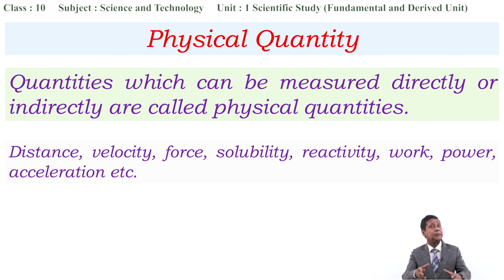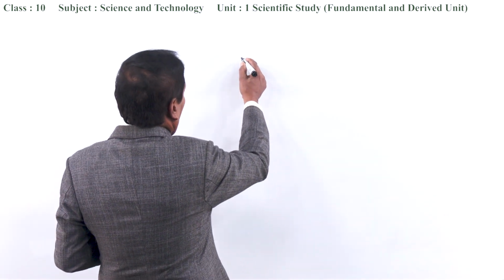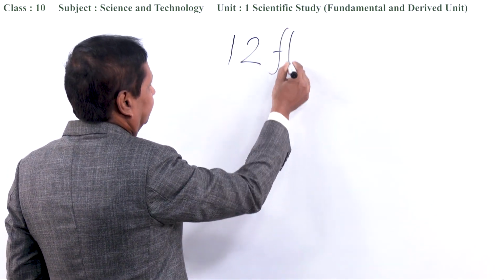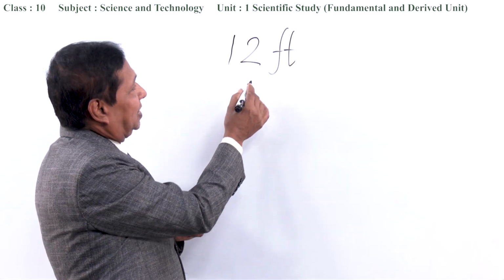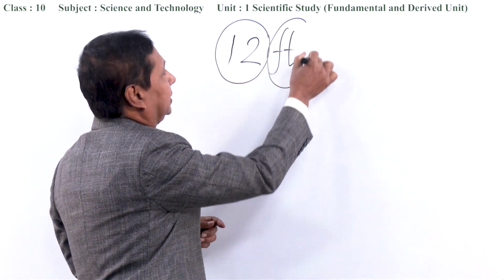But after the measurement of physical quantity, just for example, if length of the room is measured, then we can say that the length of the room is 12 feet. Now measured quantity is expressed in terms of number and a unit, isn't it?